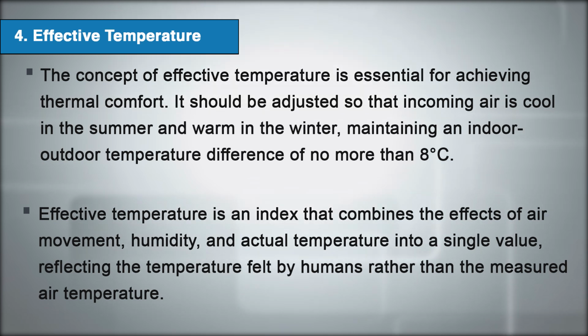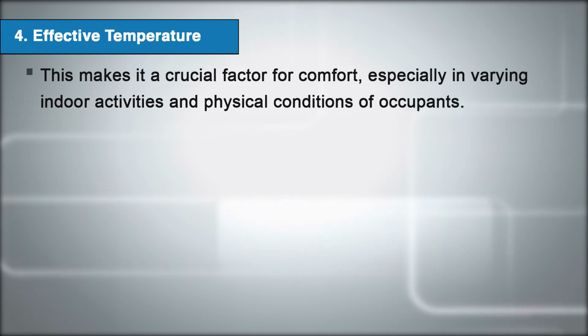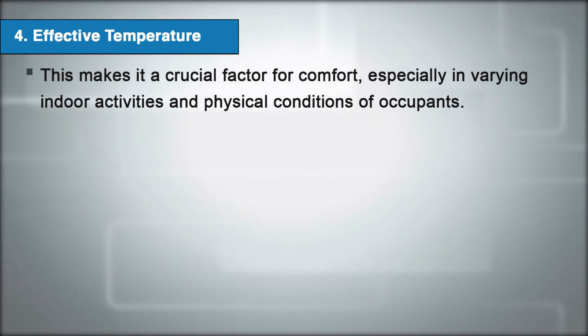Effective temperature is an index that combines the effect of air movement, humidity and actual temperature into a single value reflecting the temperature felt by humans rather than the measured air temperature. This makes it a crucial factor for comfort, especially in varying indoor activities and physical conditions of occupants.